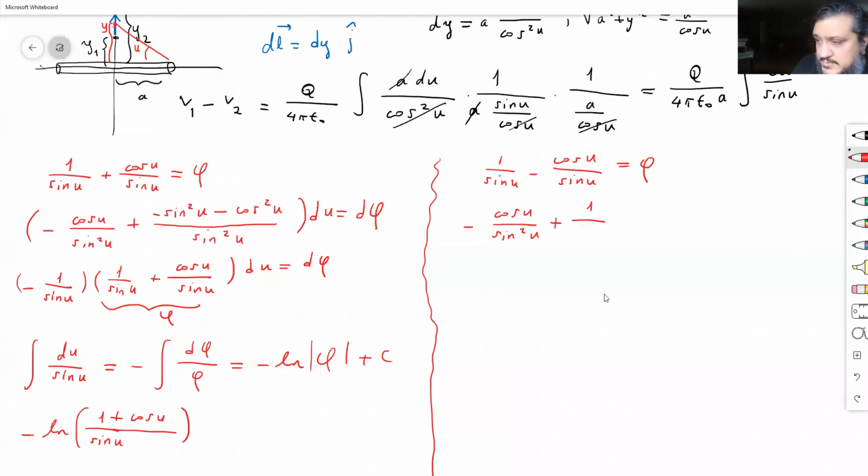So 1 over sine squared u. du equals d phi. All right?